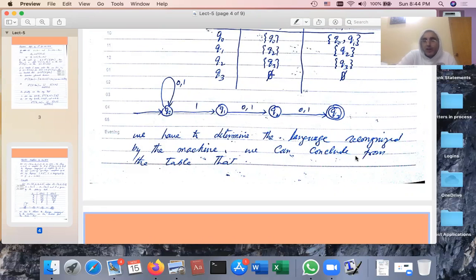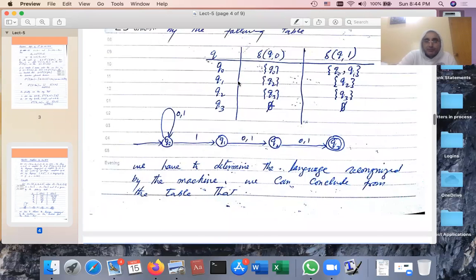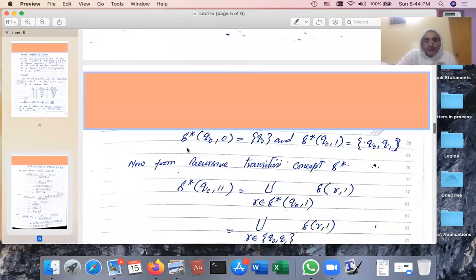We can conclude this from this table. Now we are taking the first example. So we are checking delta star Q0 with 0, where we will reach. I have to write these things in mathematical form, in notations, as we have seen previously in the recursive definition of NFA.